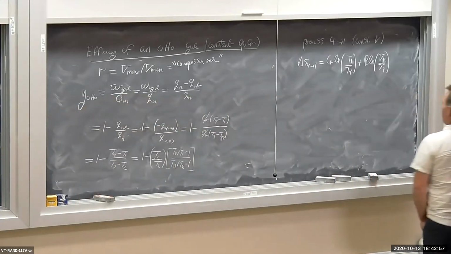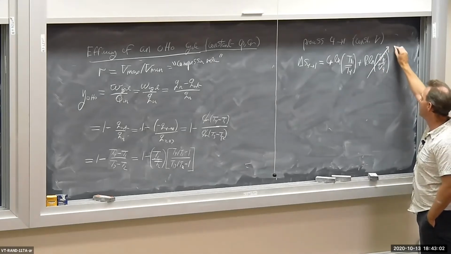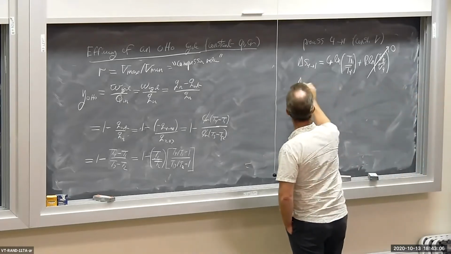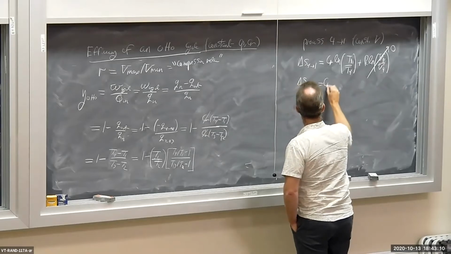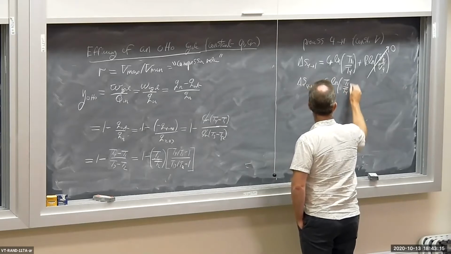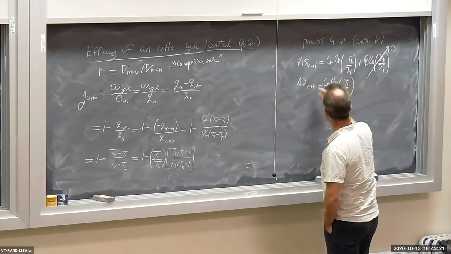Now, this is an isochoric process, so V1 is equal to V4. So this ln of 1 is 0. And so I get delta S from 4 to 1 is equal to CV ln T1 over T4.